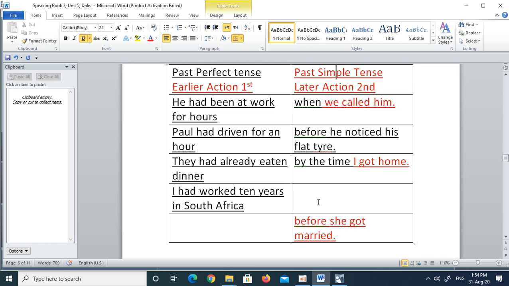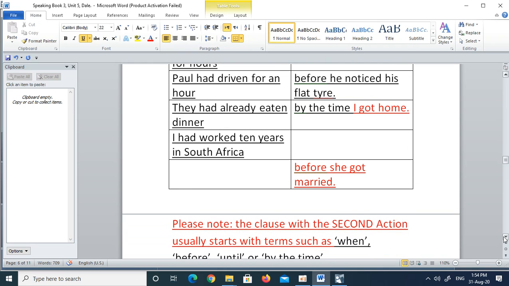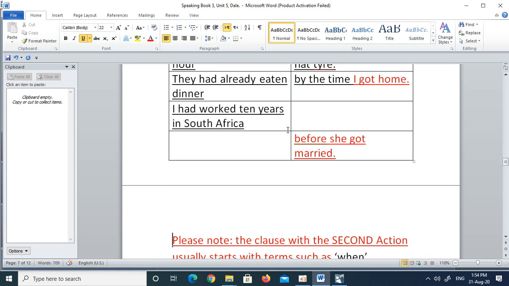Now, I've given you 2 more sentences here. I had worked 10 years in South Africa gives you the first action, past perfect tense. And here, before she got married, gives you the second action. On your papers, I want you to fill in the missing words here and here.